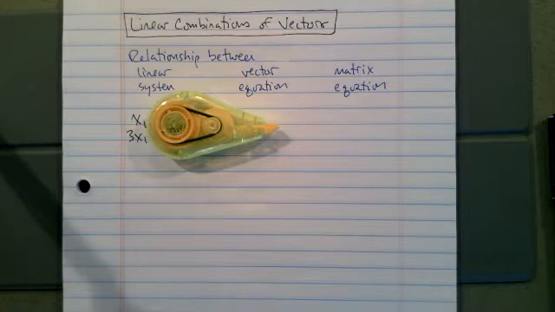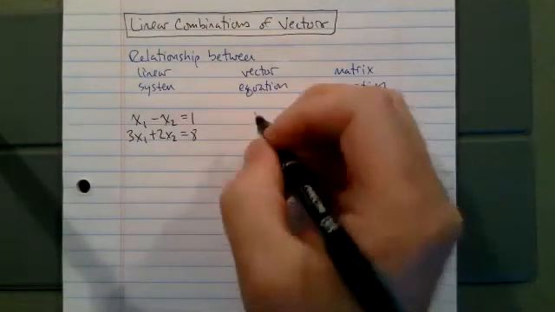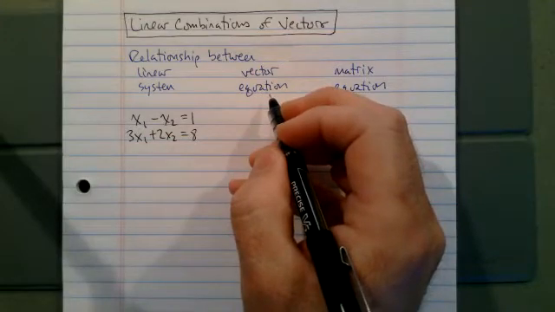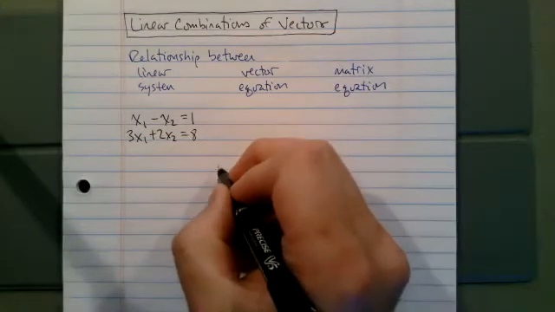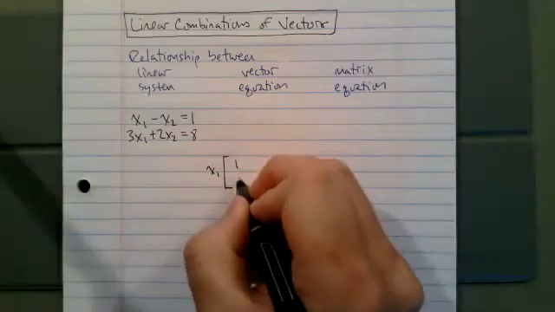So I'm not factoring out the x1, but I'm going to pretend that I'm factoring out the x1. In the vector equation, I'm going to write the x1, and multiply that by the vector 1, 3.